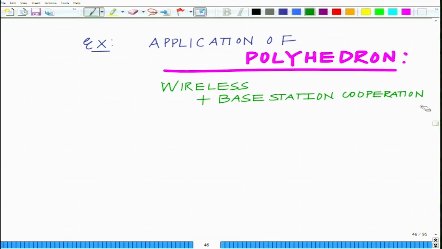And what happens in this scenario is you have several base stations.